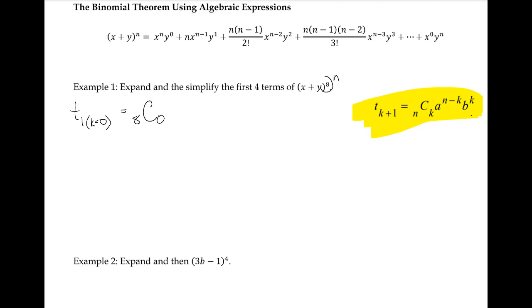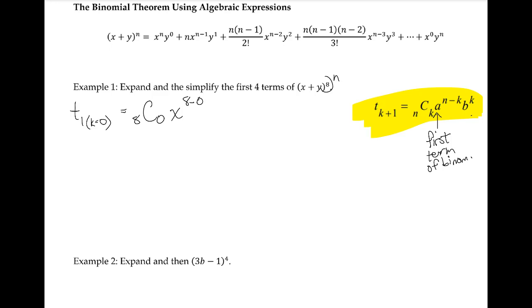And then a is my first term of my binomial. Okay, so it would just be x. And then to the power of n minus k, so 8 minus 0.